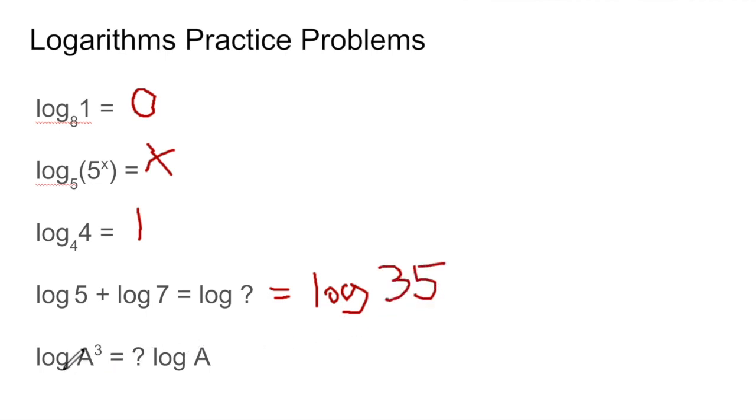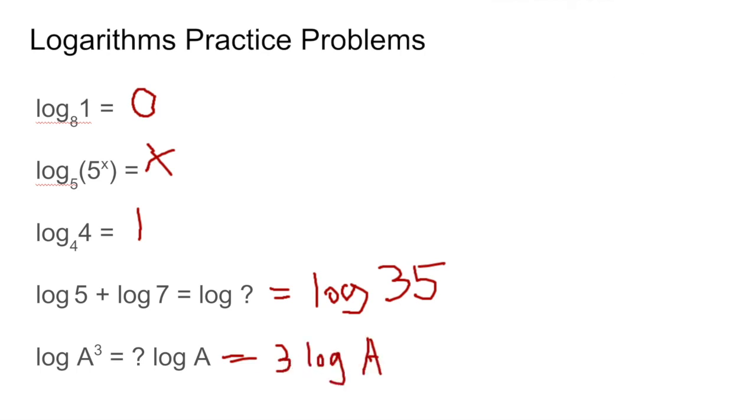And let's see, this next one here, log of a to the 3 is equal to what times log of a? Well, remember the rule where we can take this exponent and just bump it out in front if we want to. So we can rewrite this question mark here as a 3. So that's equal to 3 log a.